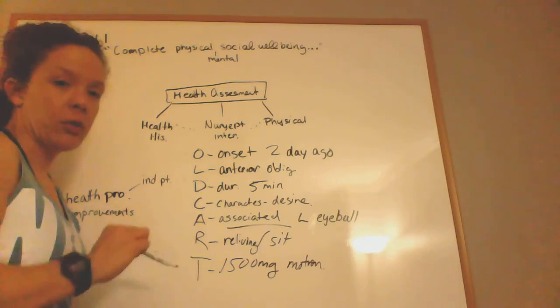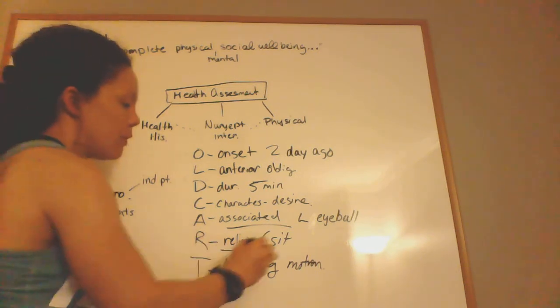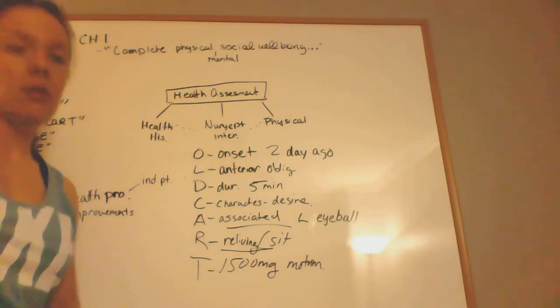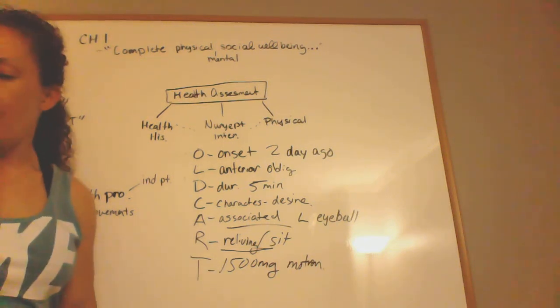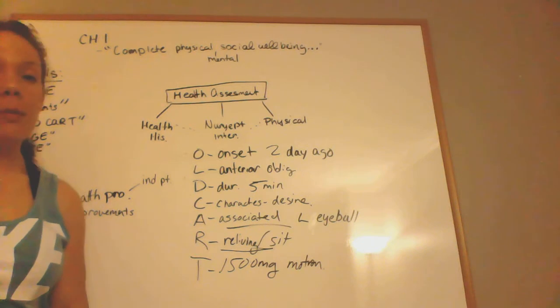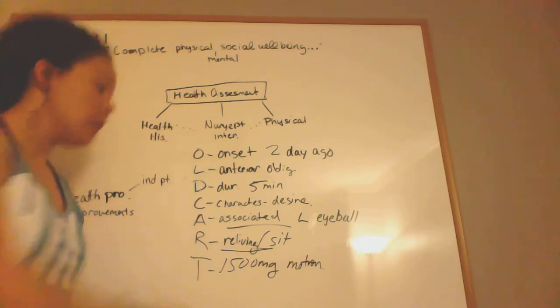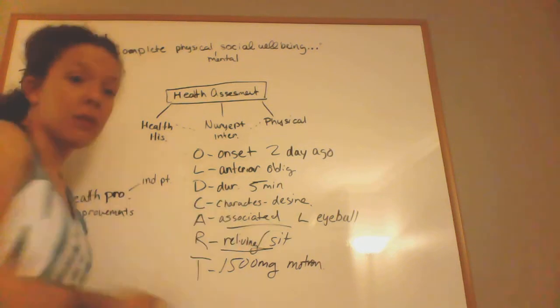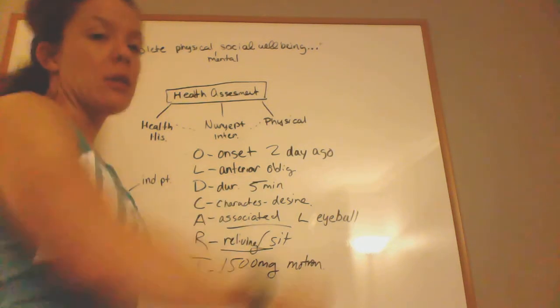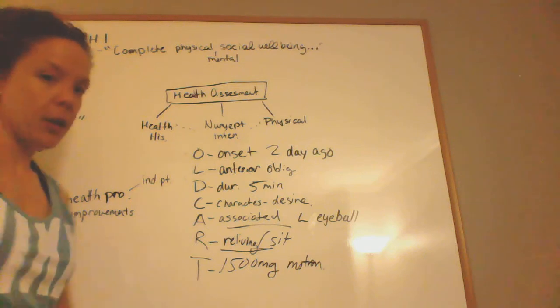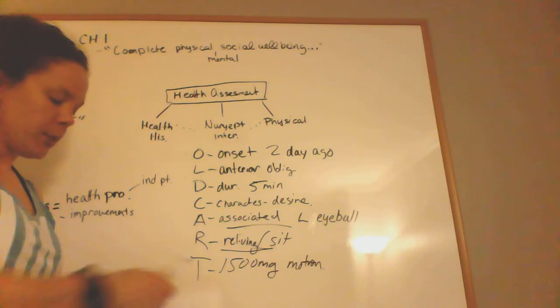We're trying to make connections. Relieving: what relieves the pain. And treatment: what treatment have you done so far. That's important because if we can rule something out, or maybe somebody takes way too much medication, then I would say, you've had tons of this NSAID, so let's not use that anymore because you're overloading your system. That's why OLD CART is important.